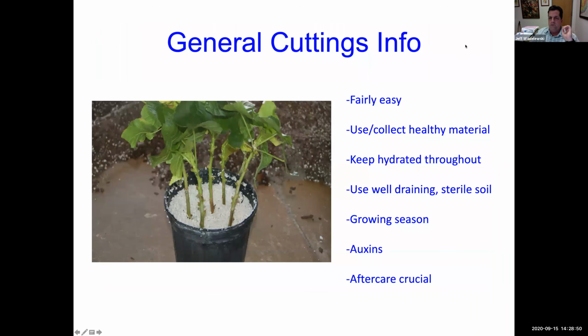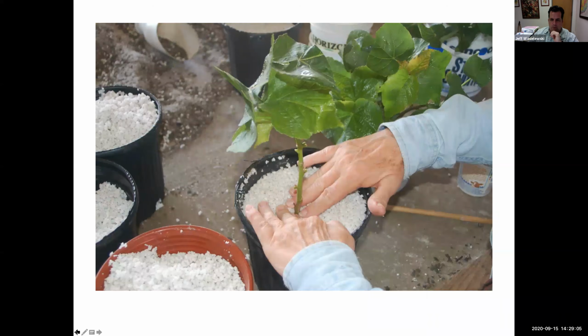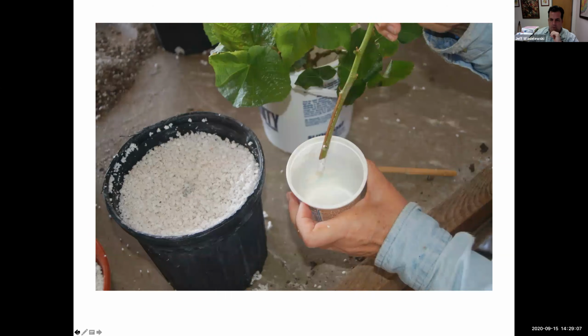Okay, so general cuttings information. Someone's asking, what is the ingredient for homemade root solution? Okay, so I purchased that root solution, which you see here. It's not homemade. If you look for rooting hormone, there's a couple different brands and you can get it.